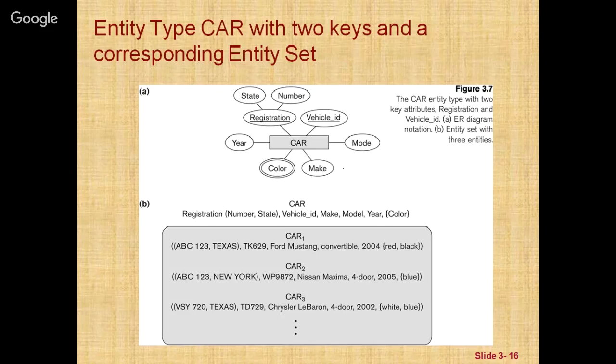All these are main attributes attached to the entity type by straight lines. Composite attributes are attached to their component attributes by straight lines, and multi-valued attributes are displayed in double ovals. So color: the car may have 1 to 3 different colors.